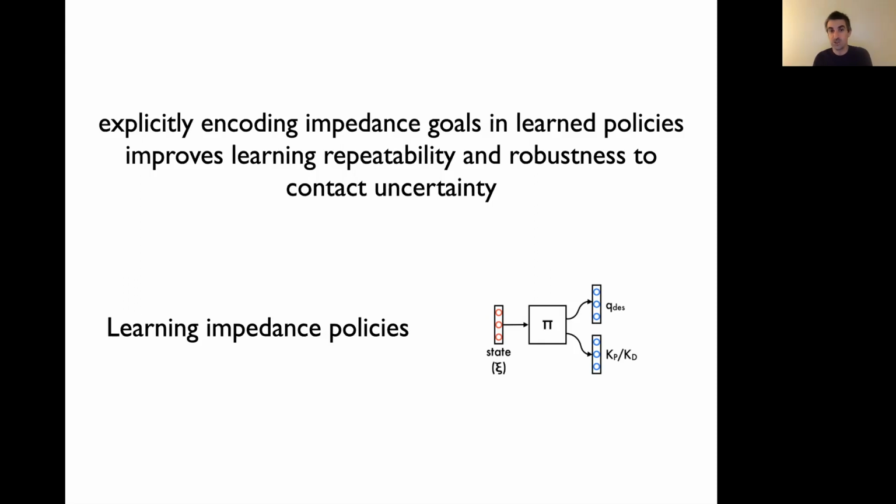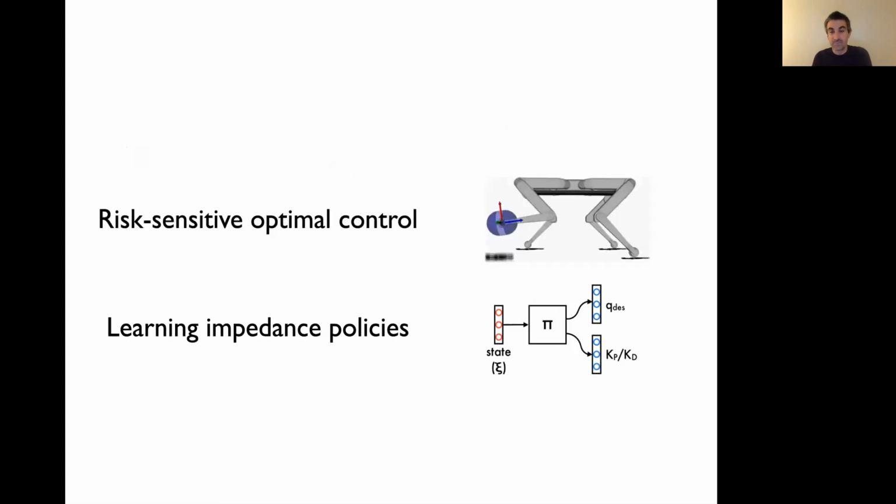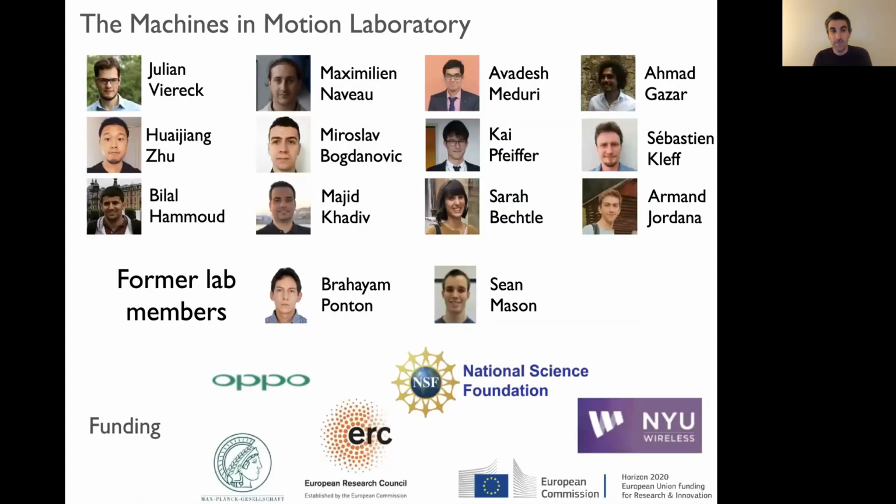Dealing with uncertainty in context is the thing that we really care about here. That was a little quick, but I hope I convinced you that it makes a lot of sense to modulate impedance in a principled way to deal with uncertainty, and that the lack of knowledge is one of the things we want to encode, either explicitly when we do optimal control, or implicitly by putting structure in what we learn using reinforcement learning.